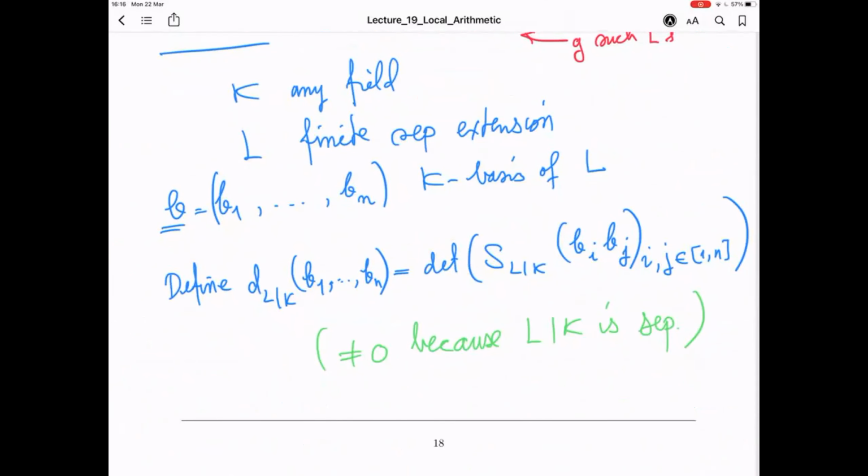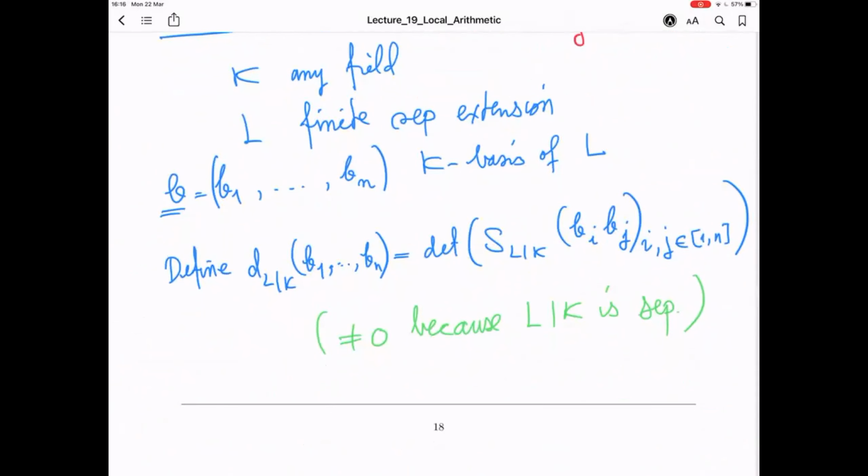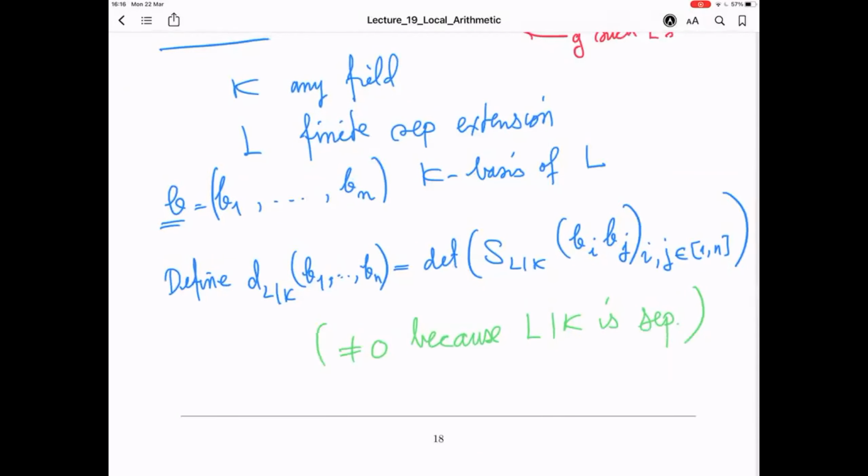It's more difficult when you have wild ramification. Okay, so in the 15 minutes which remain, let me quickly recall or define the discriminant. What we have defined till now is the different. And now we come to the discriminant.